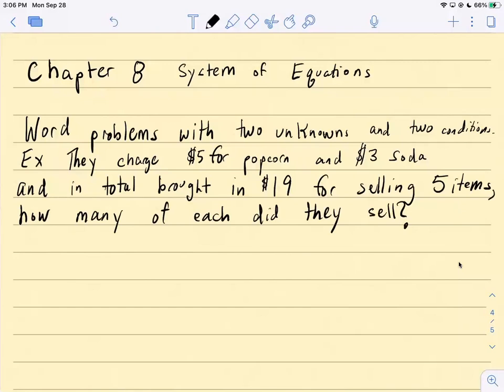So the first thing that we always want to do, and this is something I'm always going to emphasize, is clearly define variables. And these types of problems are where it's most important to do this.